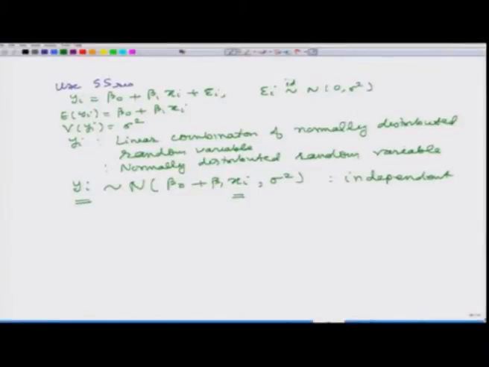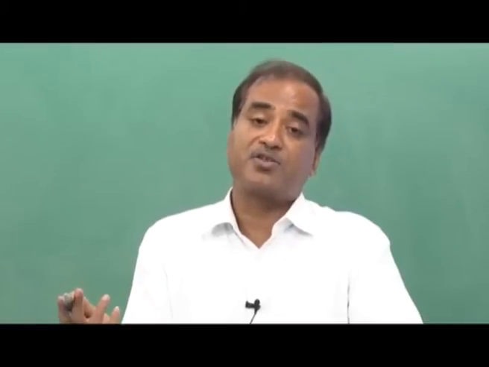So, yi's are independently distributed following a normal distribution with mean beta 0 plus beta 1 xi and variance sigma square, right. So, once I can write this thing, then we also know that sum of squares of normal random variable follows a chi-square distribution. So, if there are n random variables, each of them is following a normal distribution, then their sum of squares will follow a chi-square distribution with n degrees of freedom.